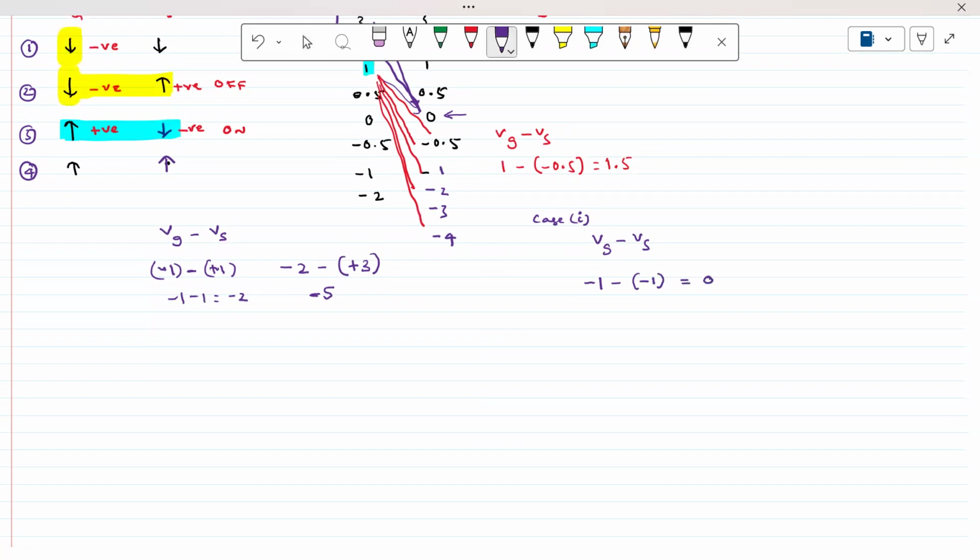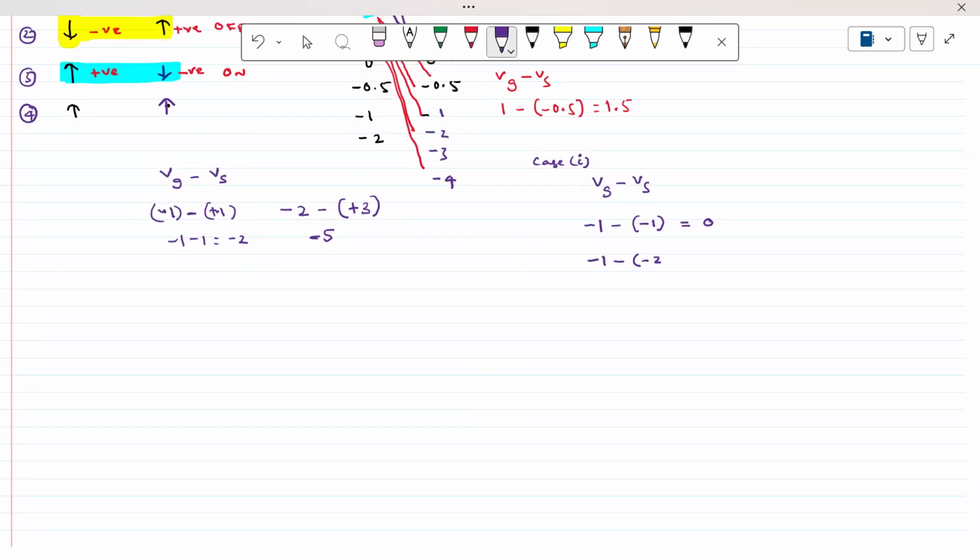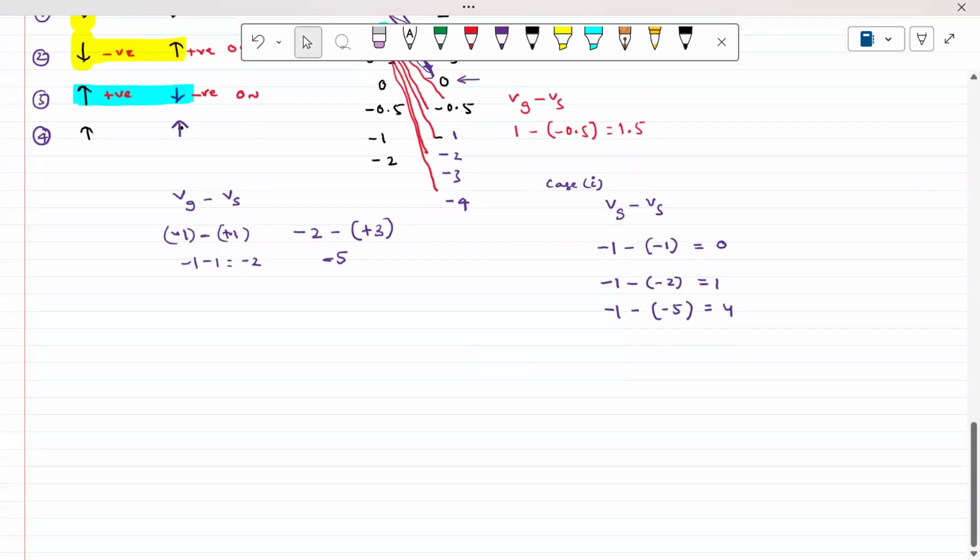This is 0. Let's take another example. This is minus 1 and this is minus 2, for example. It becomes 1. Or minus 1 and minus 5, for example, it becomes 4. With the VGS, this has happened for almost all the negative values of the VGS also.